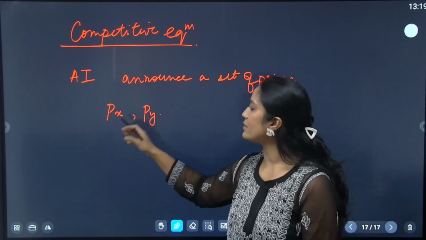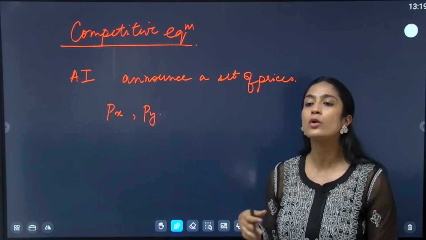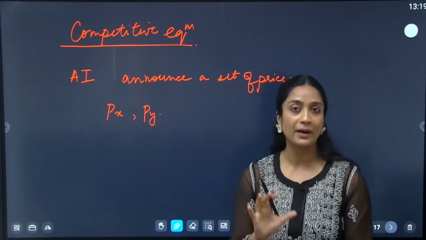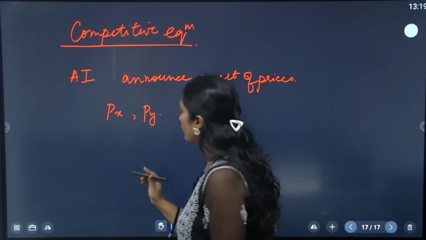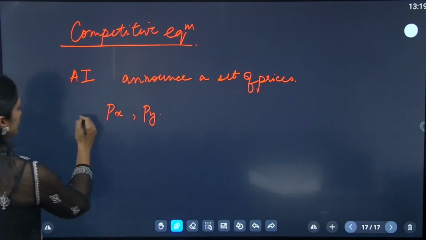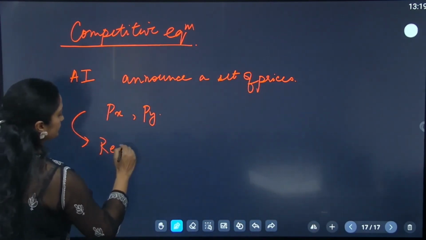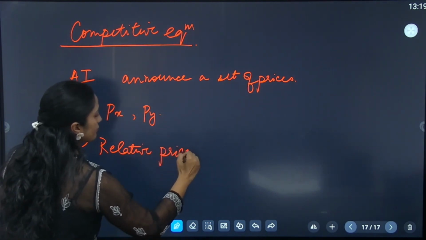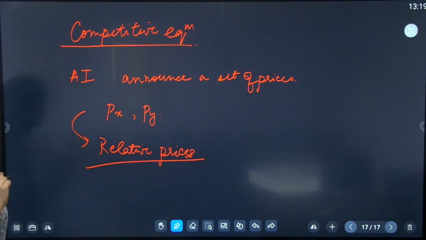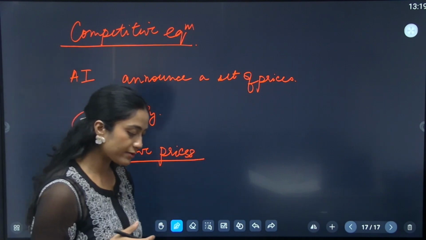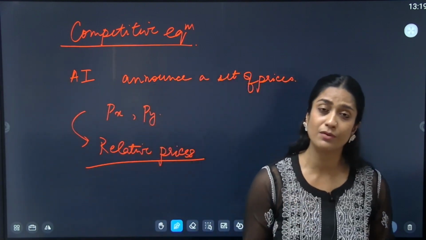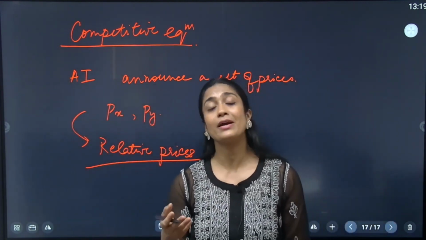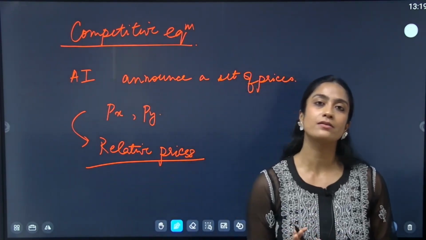So ये जो prices of X and Y है, these are not prices in terms of money, but these are what are called relative prices. So it means that the price of bread can be quoted in terms of rum and the price of rum can be quoted in terms of bread. Okay?